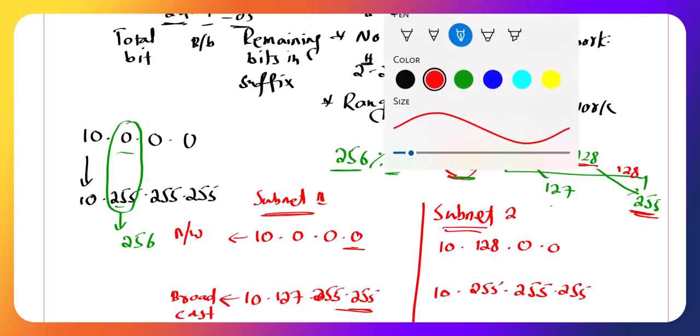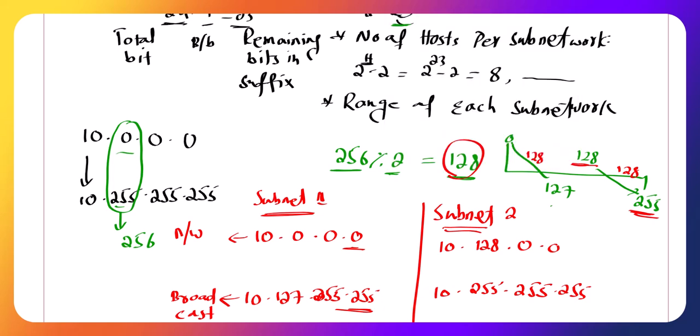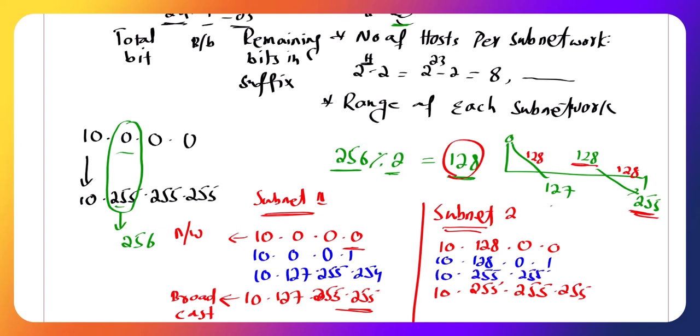If you want to find the first valid and the last valid, it's simple. Increase one here, this is the first valid, and for the last valid, decrease one from the last address, so 254, and here the same, 254. These are the ranges of each subnetwork.